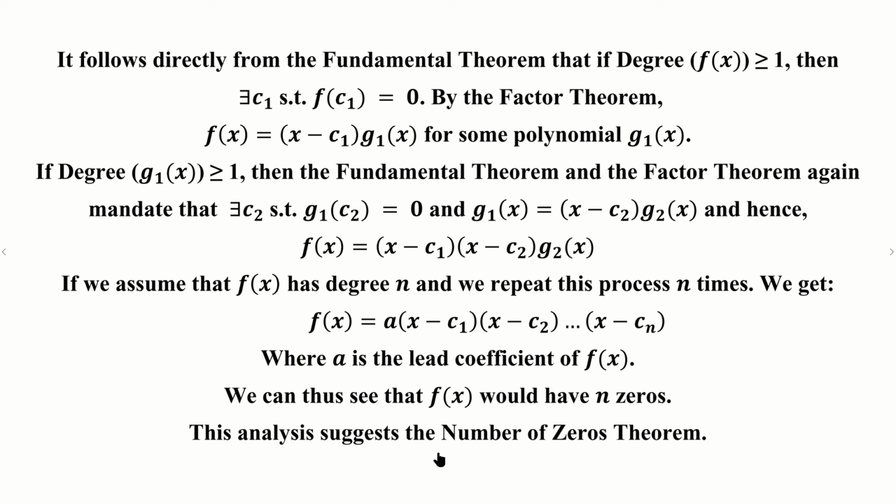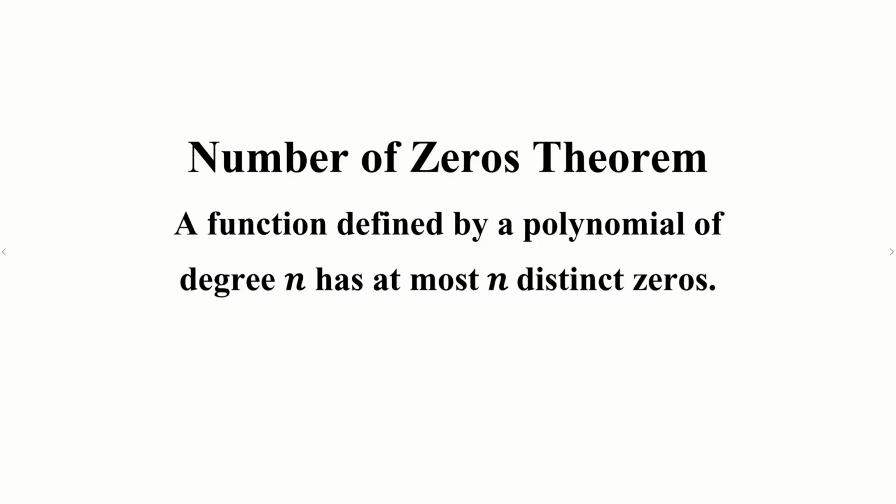And this analysis suggests the next theorem we want to look at, the number of zeros theorem. A function defined by a polynomial of degree n has at most n distinct zeros, right? That is going to become very clear once we do a few examples.